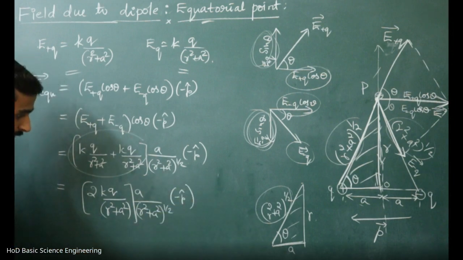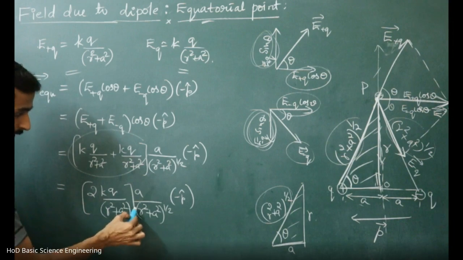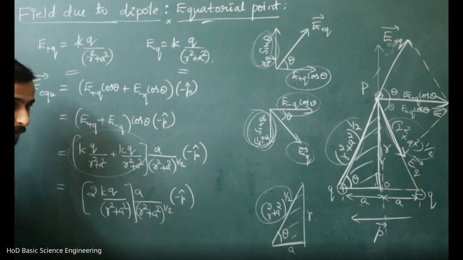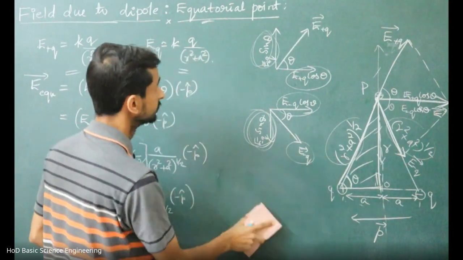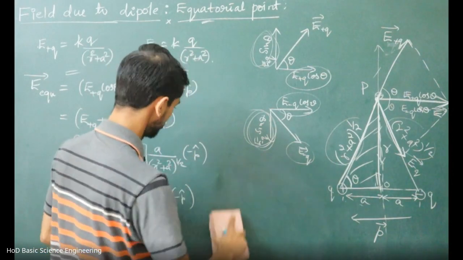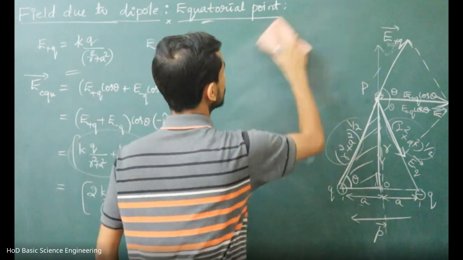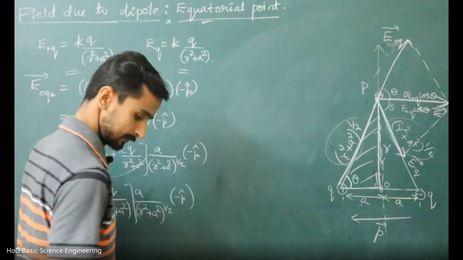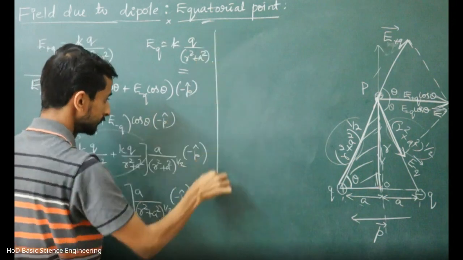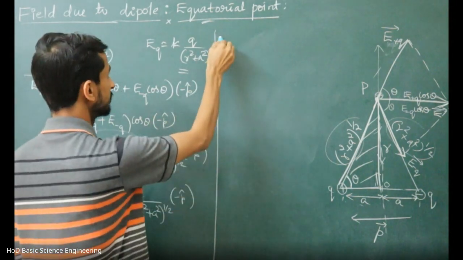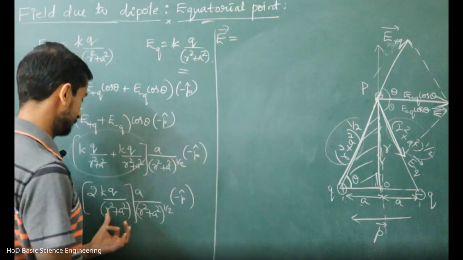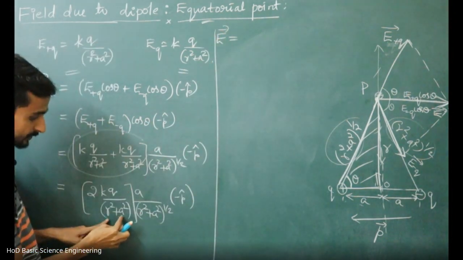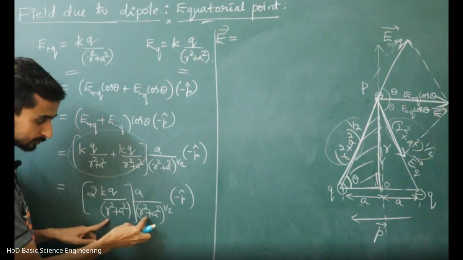Now just look at this, r square plus a square into r square plus a square to the power half. If you simplify that, the denominator can be written as r square plus a square to the power 1 into r square plus a square to the power half.